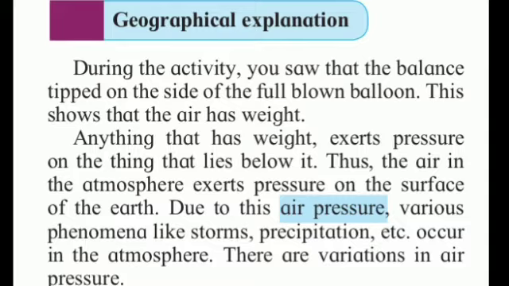Let's see next. Anything that has weight exerts pressure on the thing that lies below it. Thus, the air in the atmosphere exerts pressure on the surface of the earth. Due to this air pressure, various phenomena like storms, precipitation, etc. Underline this word, student.